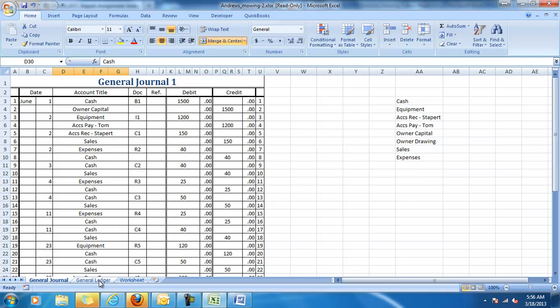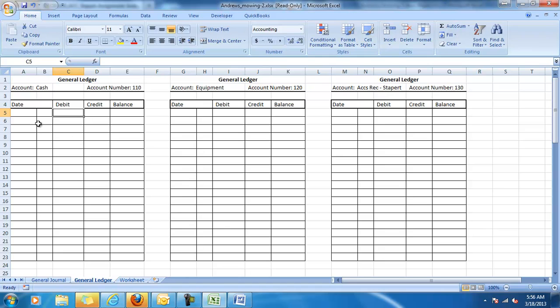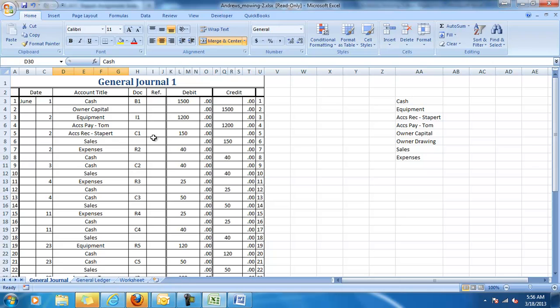So on my general ledger for my cash account, on June 1, I had a debit of $1,500, and because debit is the increased side, the normal balance side, that means my running balance is $1,500. Now that I've posted it, I'd come back here and signify that I posted it by putting the account number in that reference column.